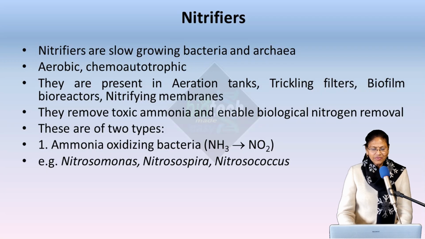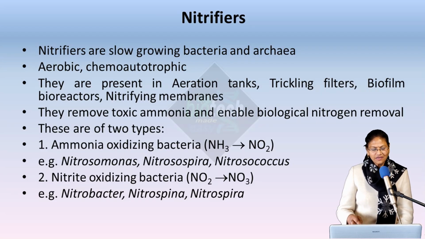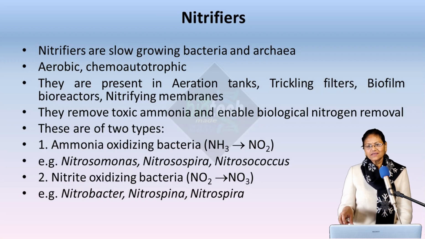The examples are Nitrosomonas, Nitrosospira and Nitrosococcus. And the second type are nitrite oxidizing bacteria, meaning the nitrite which was formed in the first step is converted into nitrate. The genera are Nitrobacter, Nitrospina and Nitrospira. So ultimately, ammonia is converted into nitrate.